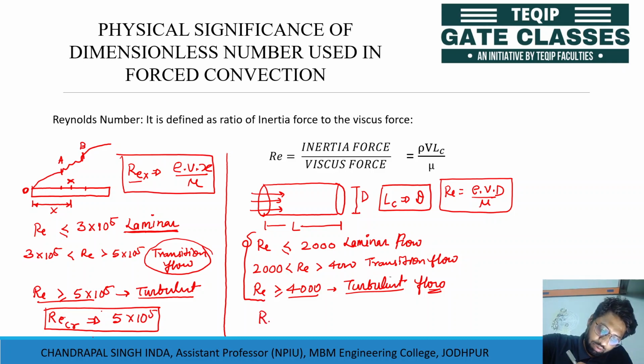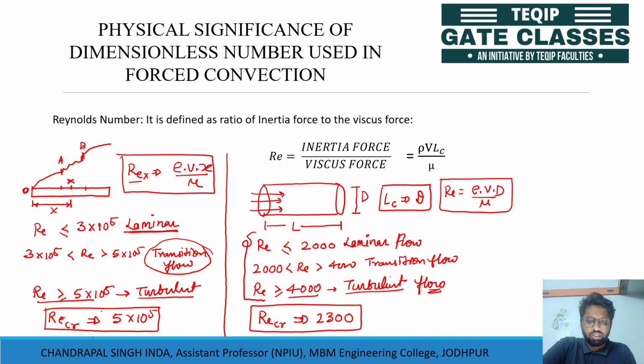Here one more value is there, which is the critical Reynolds number, and for internal flow the critical Reynolds number is equal to 2300. Once it was asked in the ISRO exam, what is the value of critical Reynolds number for internal flow? So the critical value for internal flow is 2300.